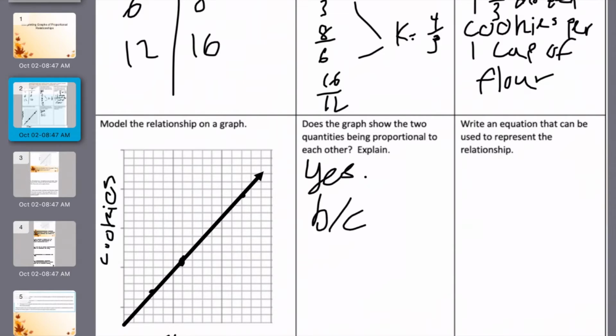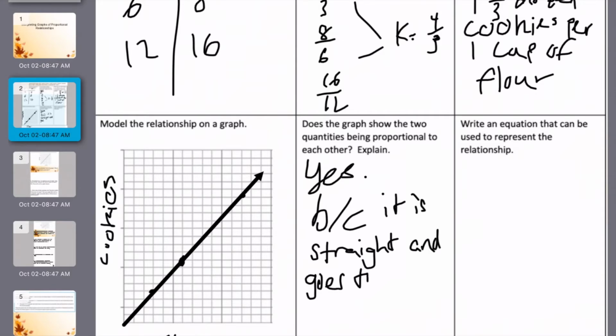Because it's a straight line and goes through the origin. Zero, zero, which is this point down in here. Let me highlight it.